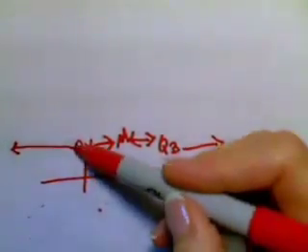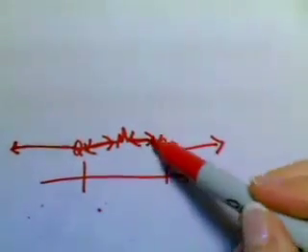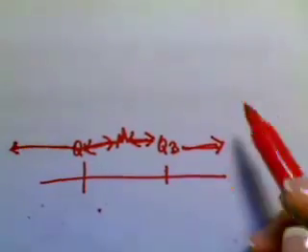So you've got below quartile 1, between, and above quartile 3.